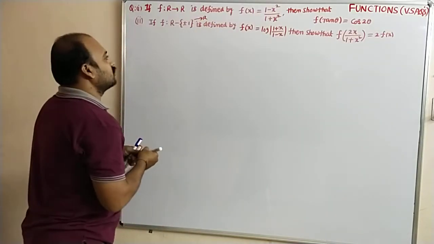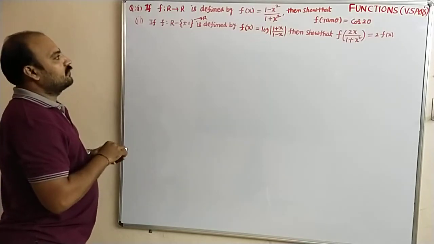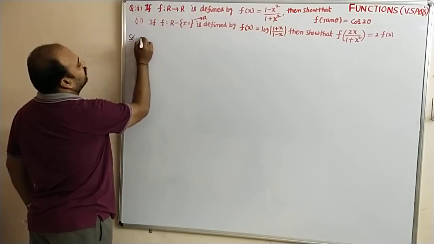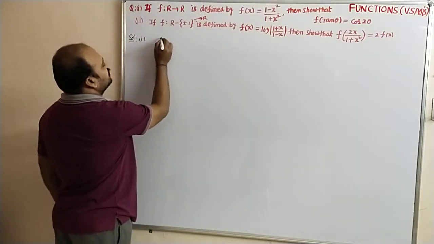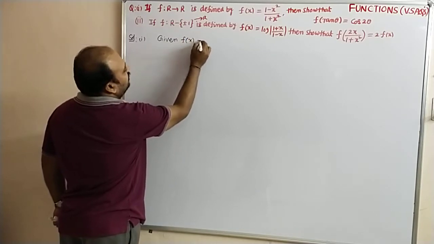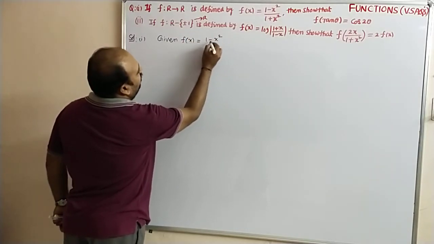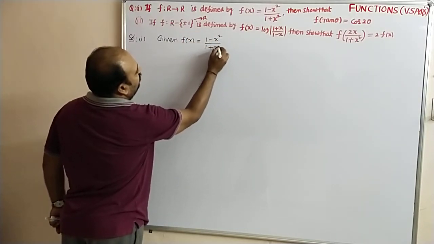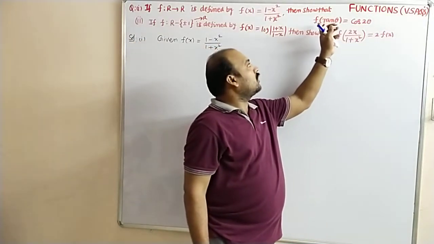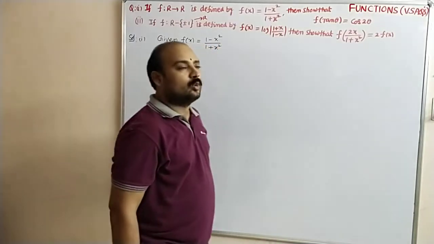So consider the first question here. Given f of x equal to 1 minus x square by 1 plus x square. They are asking to show that f of tan theta equal to cos 2 theta.